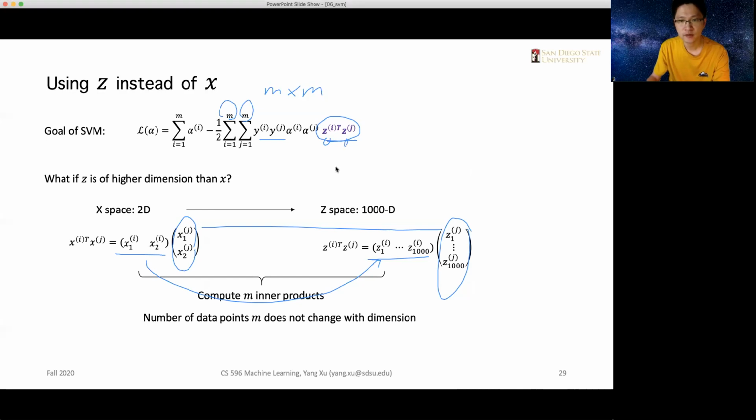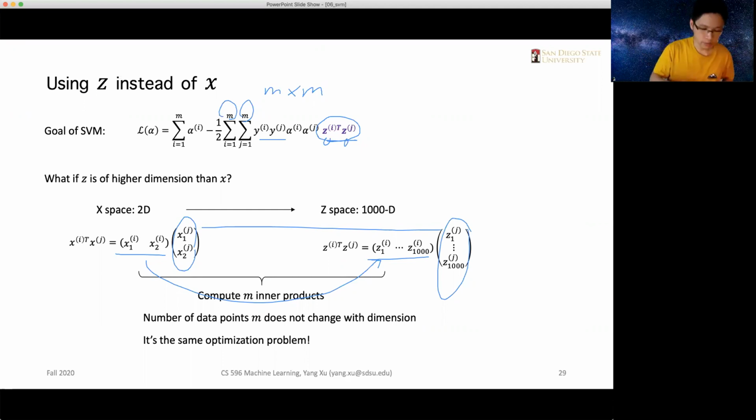So that gives us some convenience in choosing what kind of z space we want to use, or what kind of x to z transform we want to use. No matter how large the z space is, how many dimensions there are in the z space after we do the transformation, it remains the same optimization problem.